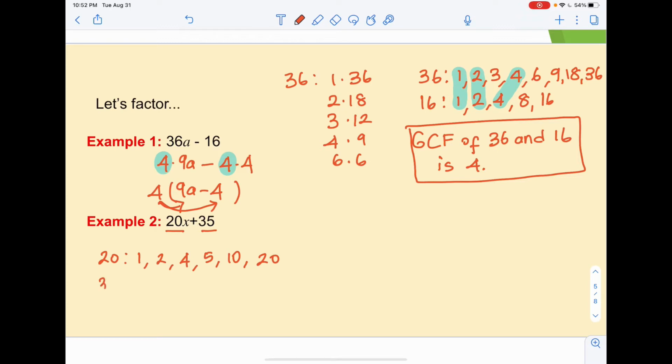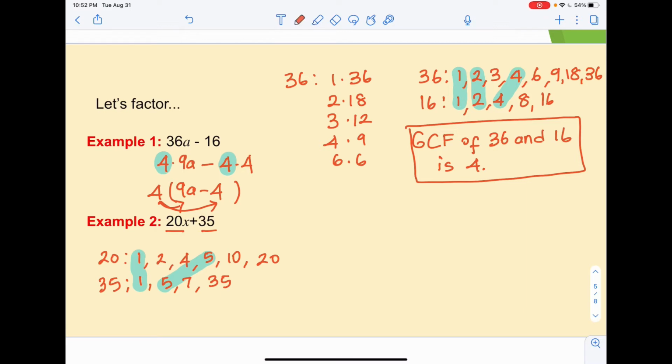And the factors of 35, so we have 1 times 35, so 1, and then we have 5 times 7, 5, 7, if we write it in least to greatest order. So these are the factors of 20 and 35. Let's check the common factors. We have 1, we have, I guess, 5 only. Okay, so the greatest common factor is obviously 5.